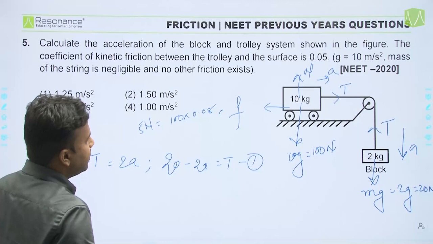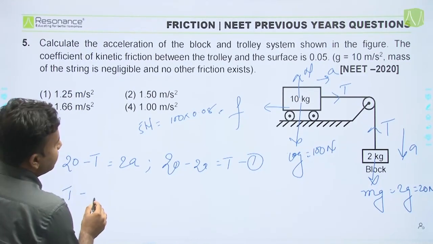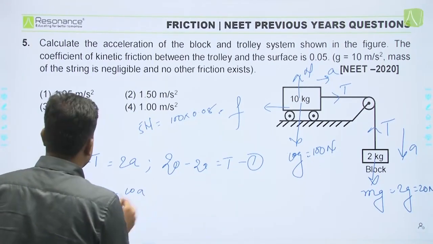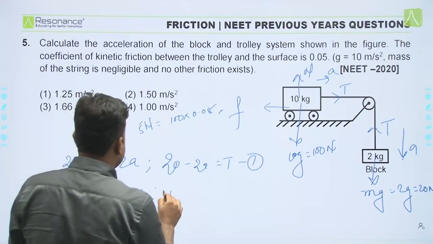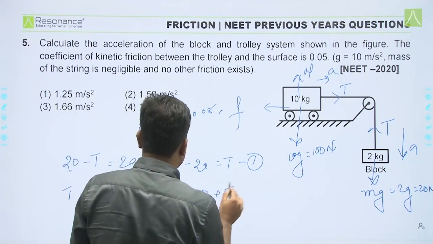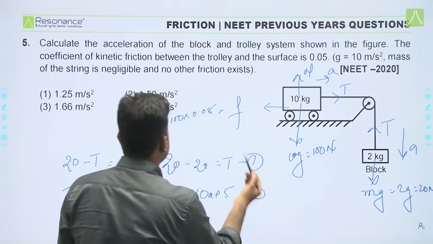Now the second equation: T minus friction force, which is 5, is equal to 10 into A. Again from here, T equals 10A plus 5. This is the second equation.